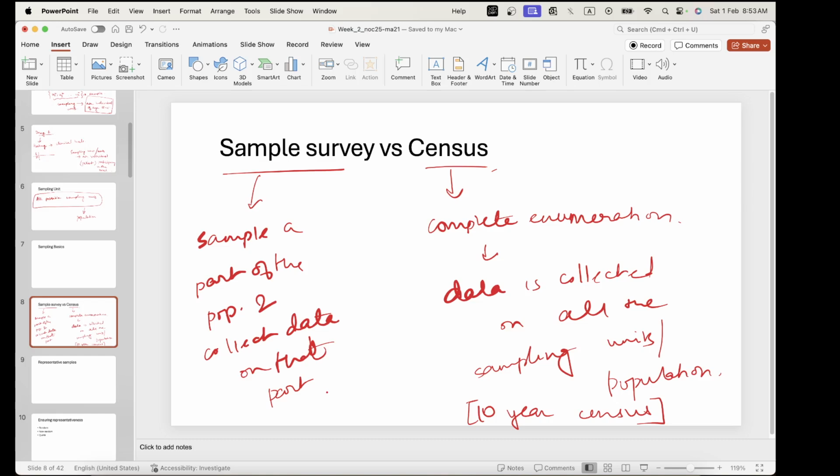Now while this census is more accurate, because we don't need to make any guess. So if I want to know what is the average height of any individual in the country, I could just look at the height register, if there is any, from the census data, and just take an average.